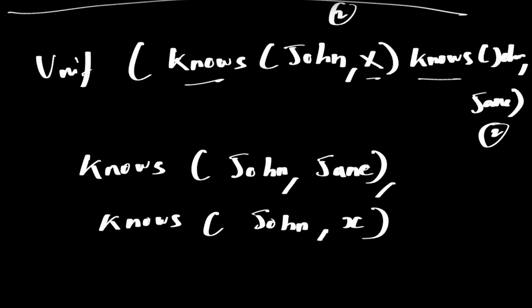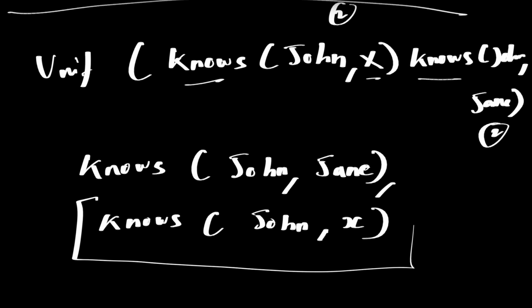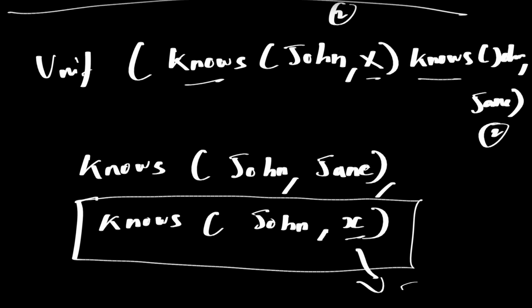So we can make the unification statement like this, so that it covers both logical statements. Because we have an X, this X could be replaced by Jane or even Peter or even Sam and so on, right?